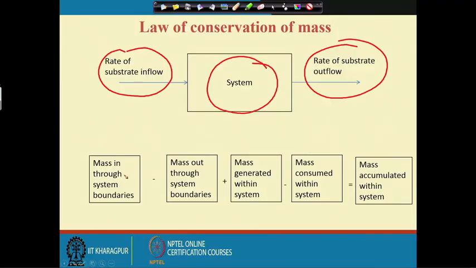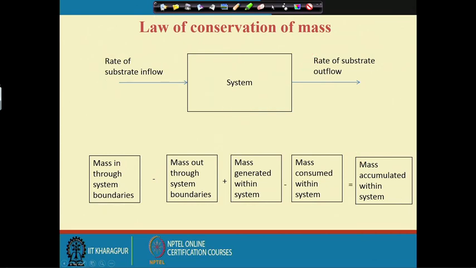Mass in through the system boundaries, minus mass out through the system boundaries, plus mass generated within the system, minus mass consumed within the system, is equal to mass accumulation within the system. This is called conservation of mass. Ultimately that should remain the same.